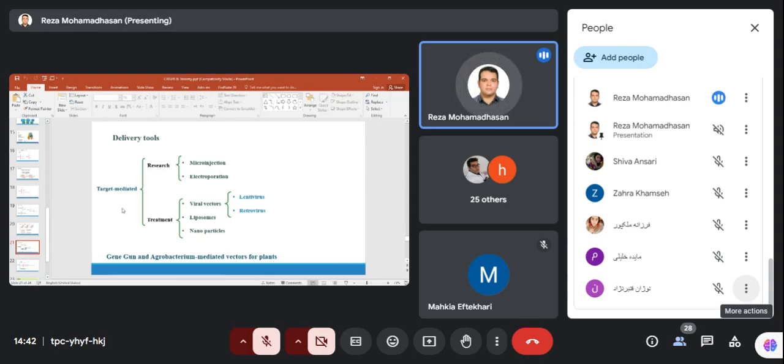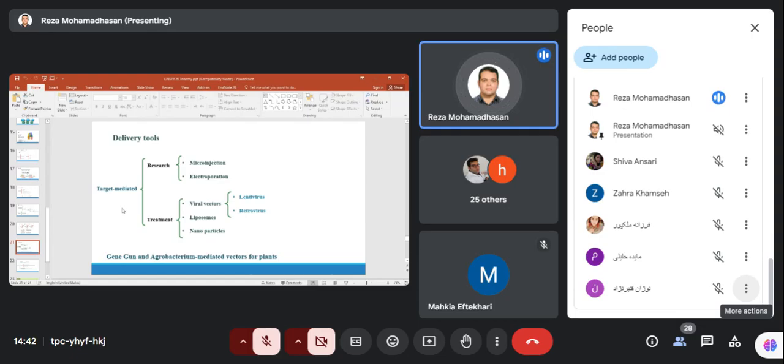Let's talk about delivery tools. The tools are really target mediated. That's what your goal is for using the CRISPR system, CRISPR technology.